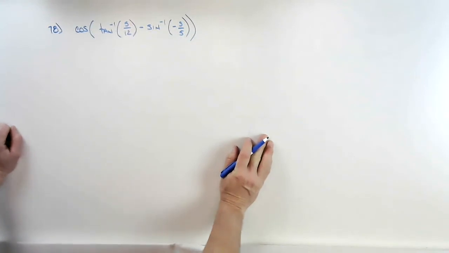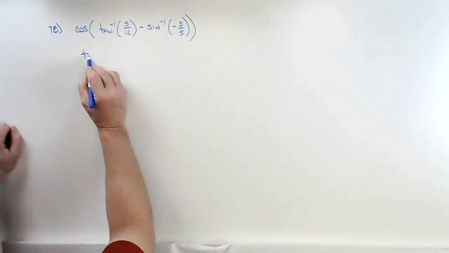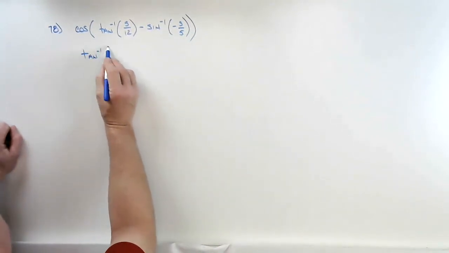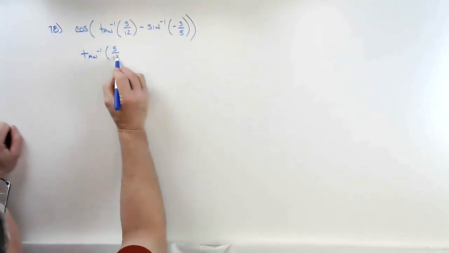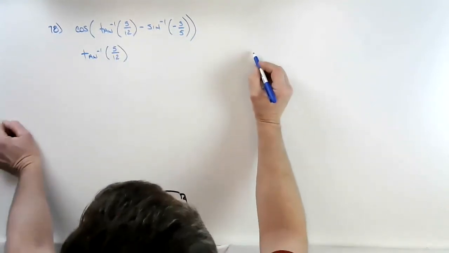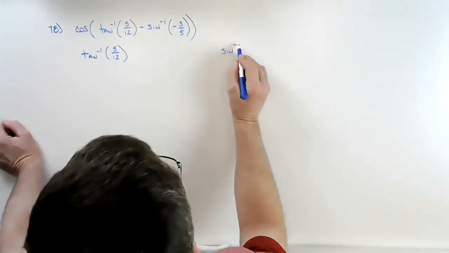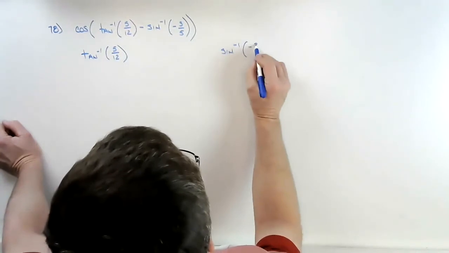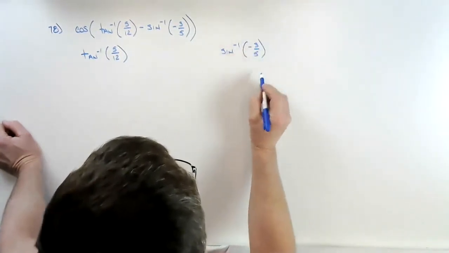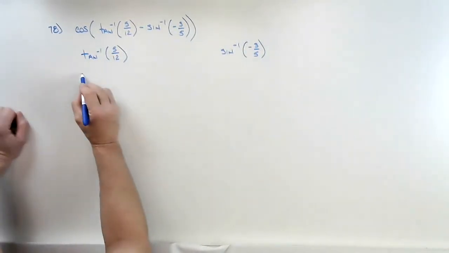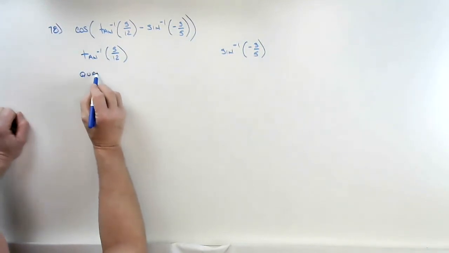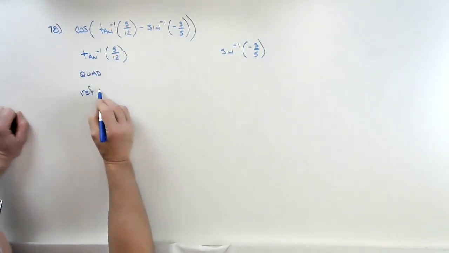Now we do this piece by piece. We look at the inverse tangent of 5/12, and we also look at the inverse sine of -3/5. Again, we're going to go quadrant, reference angle.